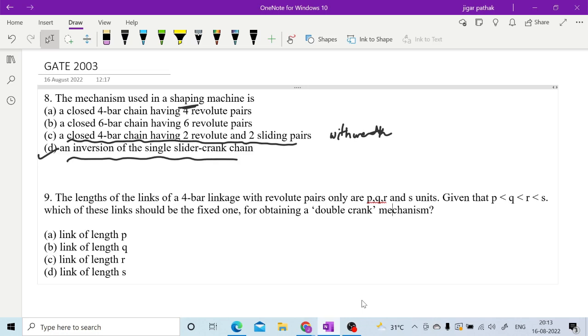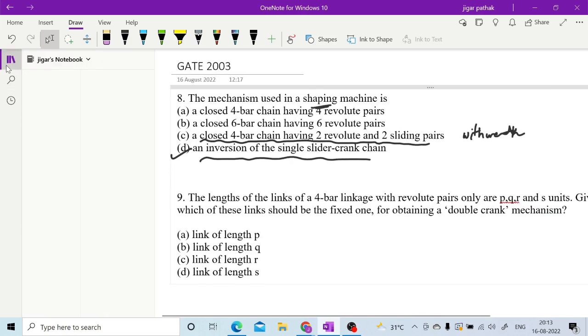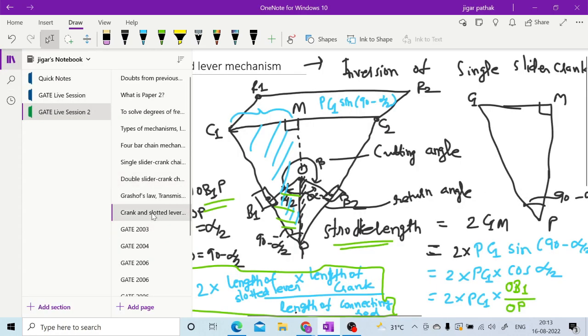Some of them are asking to display the previous slides from the two sessions. That we will see afterwards. Previous slide means which slide are you talking about? Are you talking about this one?